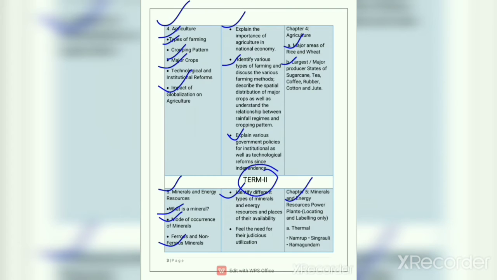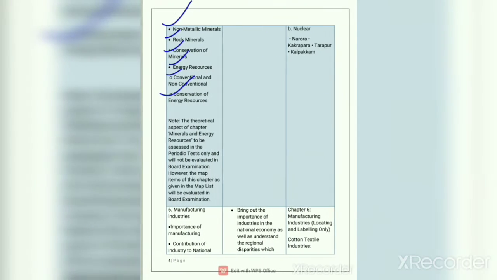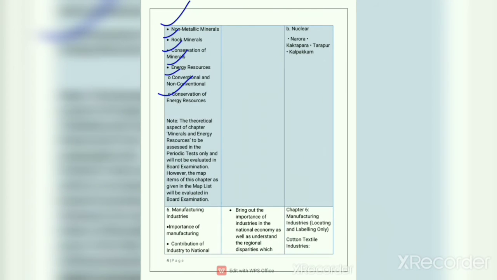You will be able to locate the thermal power plants such as Namrup, Singrauli, Ramagundam, and you will also be able to locate the nuclear power plants such as Narora, Kakrapara, then Tarapur and Kalpakkam.